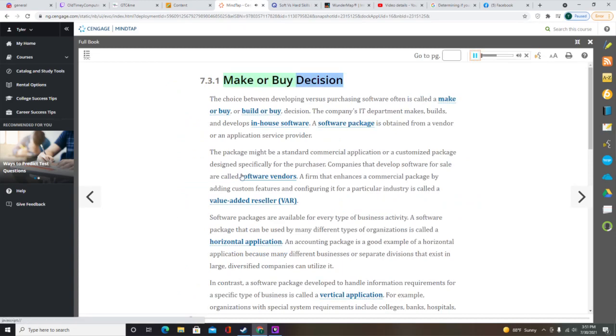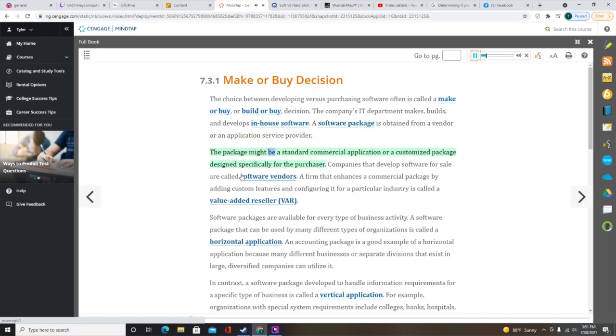Make or buy decision. The choice between developing versus purchasing software often is called a make or buy, or build or buy, decision. The company's IT department makes, builds, and develops in-house software. A software package is obtained from a vendor or an application service provider.